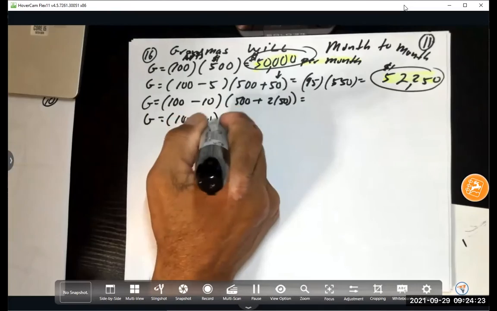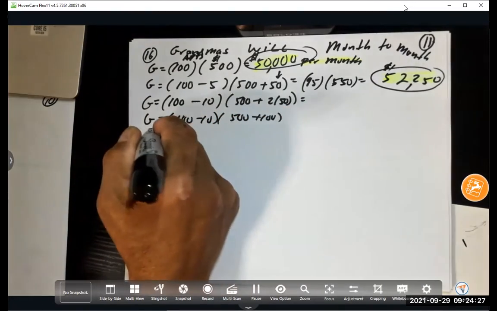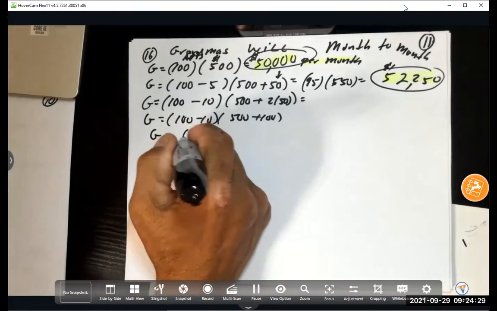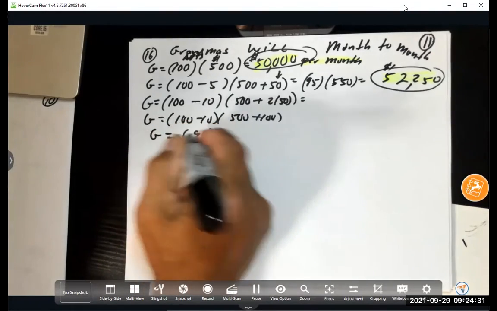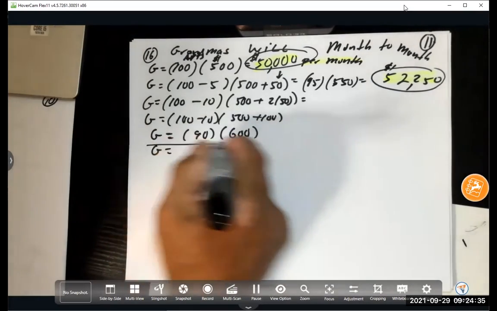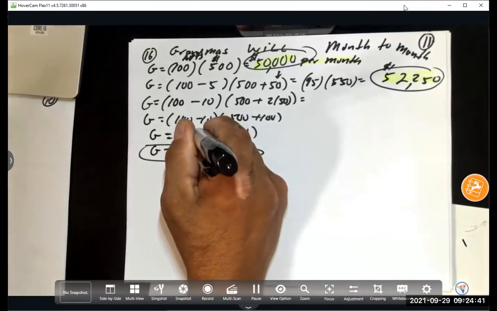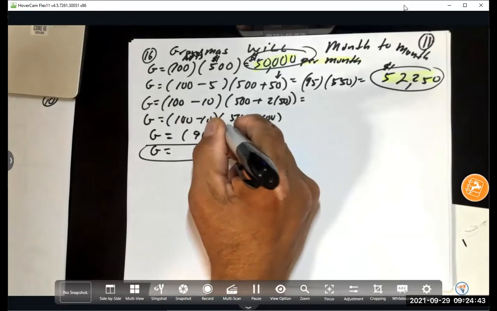100 minus 10 and 500 plus 100. So now everybody lives in your apartment. 90 people are left over, but everybody's giving you $600 every month to stay there. So how much is that going to be now? What's 90 times 600? Is that good news for you? 54,000.